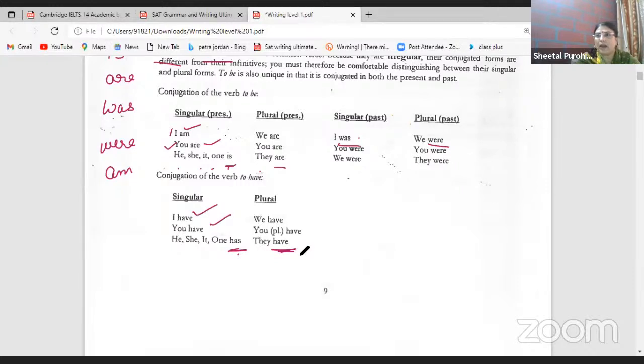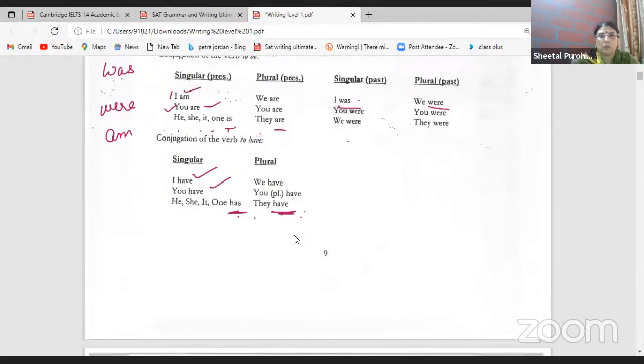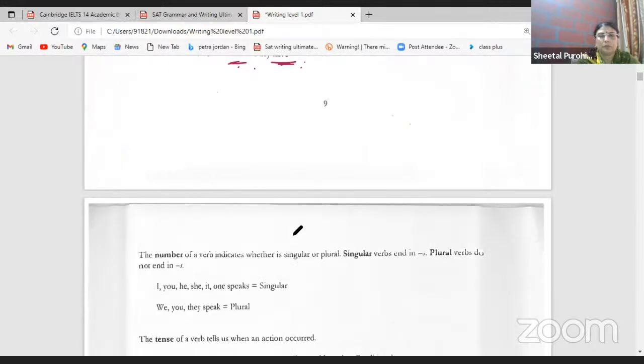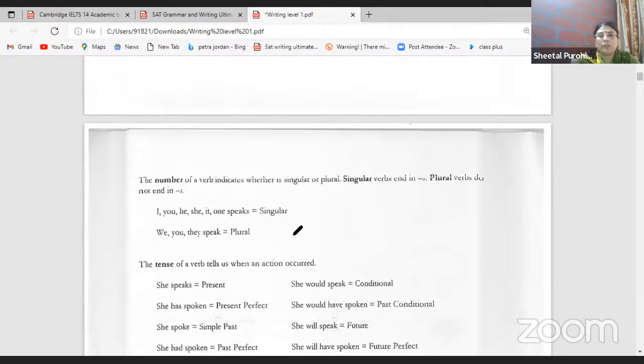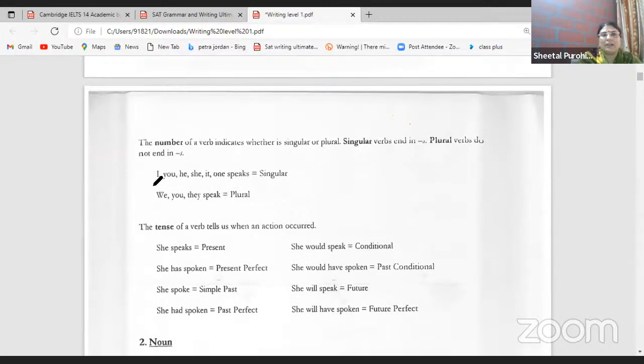Has singular, have is plural. Then we talk about the number of the subjects like I, you, he, she, it. These are all the singular nouns or the pronouns, the singular subjects. With the singular subject, the verb will always be singular.